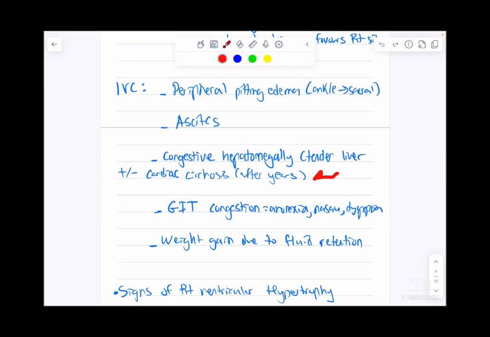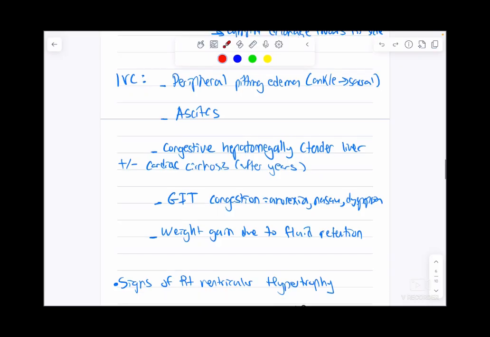This usually does not happen. GIT congestion due to poor drainage of the fluid. So we're going to have anorexia, the patient doesn't really want to eat, nausea, and dyspepsia.